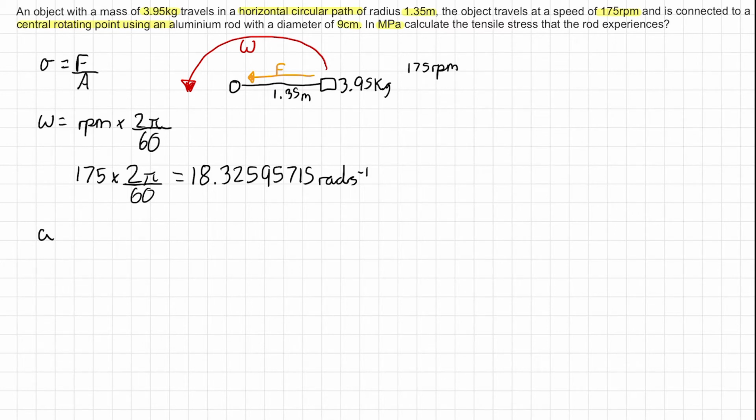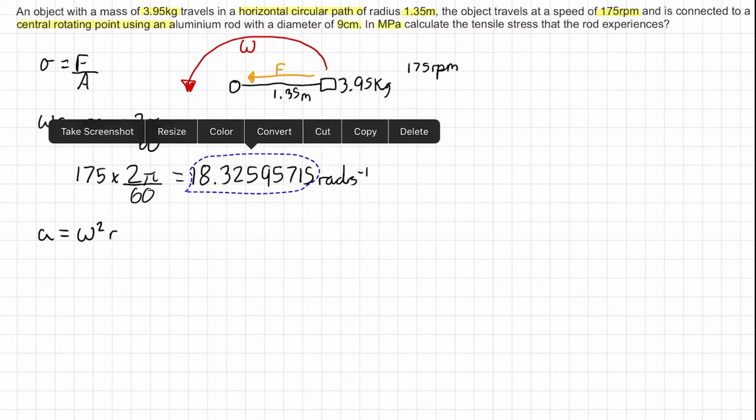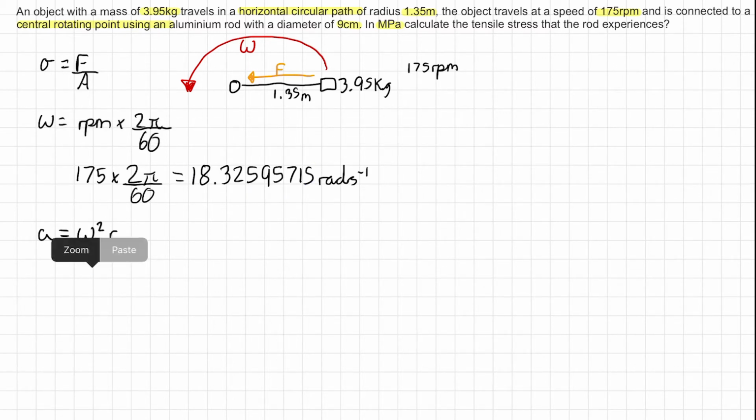Again, that's another mistake you can make, which can possibly cost you marks, as they're two different things in the way they act. Okay, so that's given as your angular velocity squared times the radius. So we just copy this.